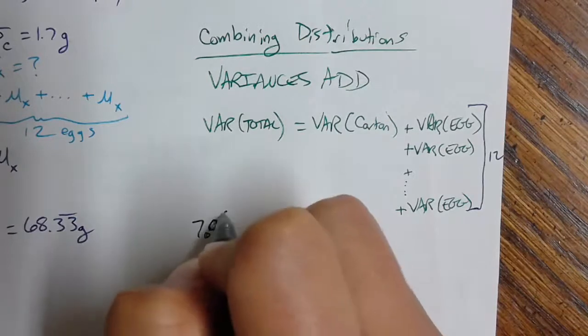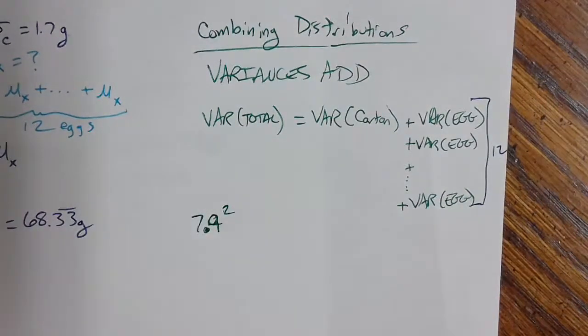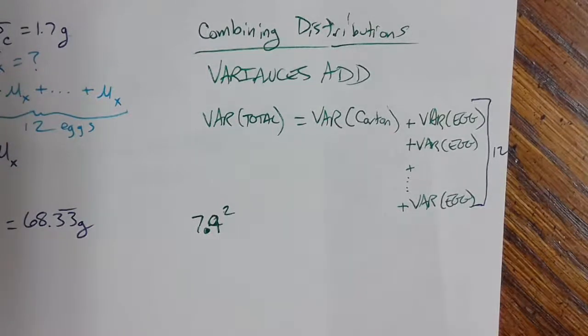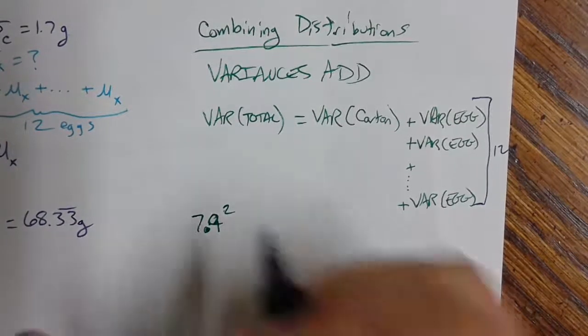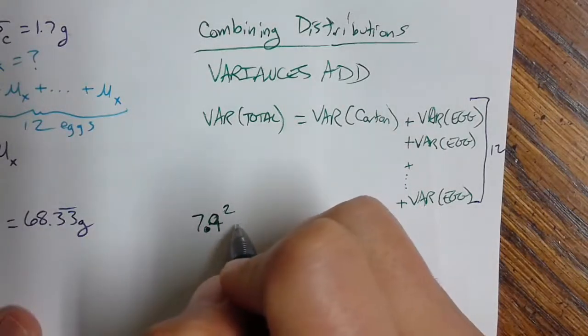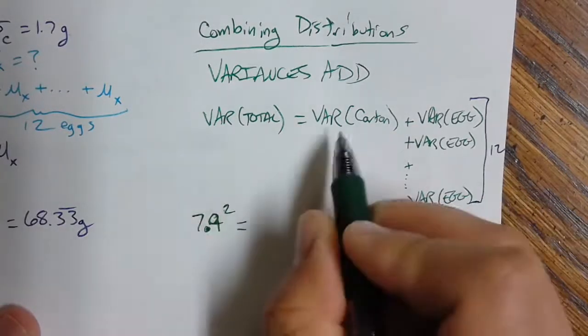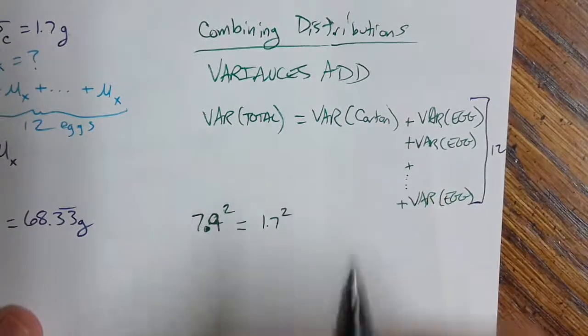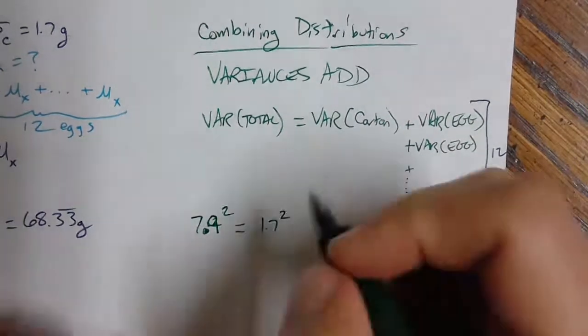So you do have to remember also that the standard deviation is a fine number, and it's more useful in most cases. We can interpret that. We know what that means. Variance is that value squared, and in this case 7.9 squared is the variance of the full carton with the 12 eggs. And the variance of an empty carton, that was provided also, that's 1.7. So we're going to square 1.7.